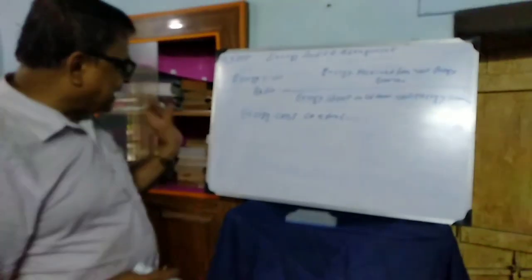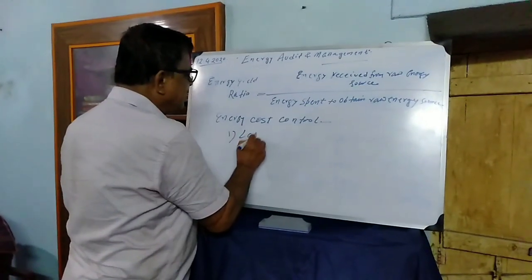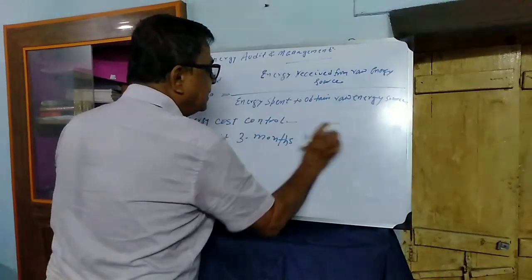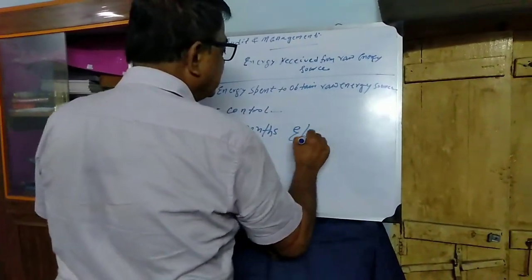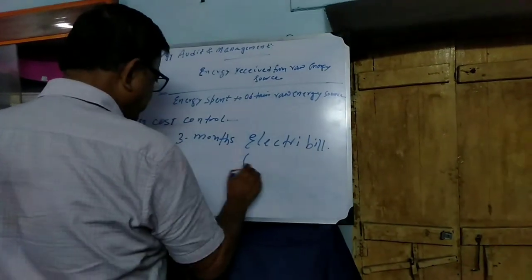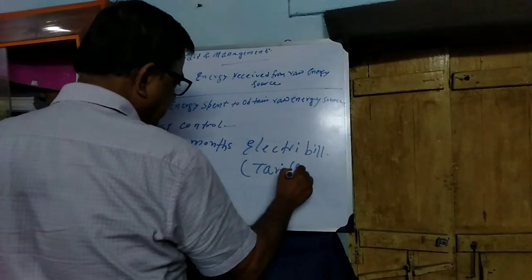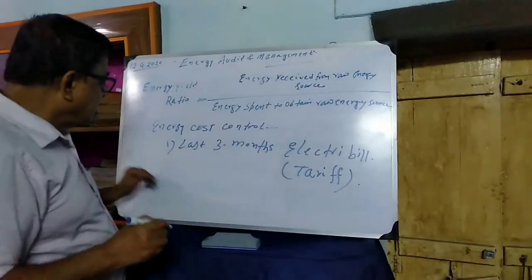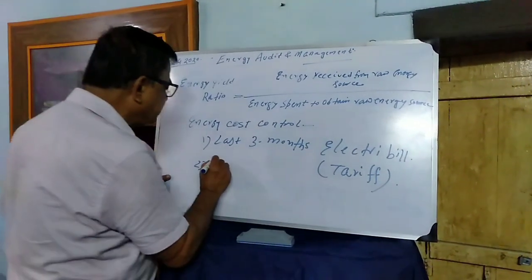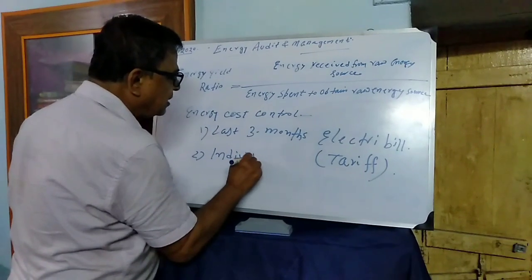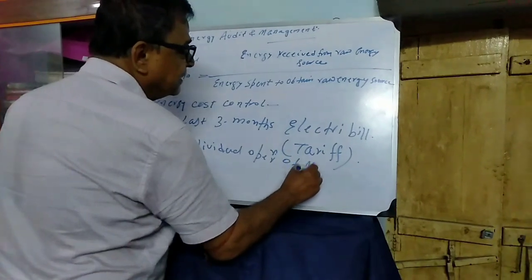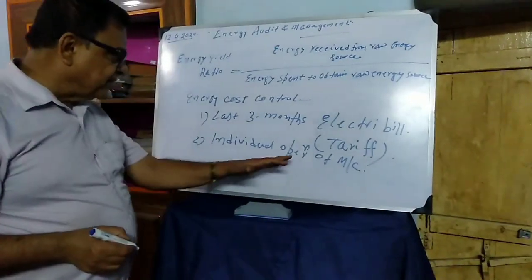First they will collect the last 3 months' electric bill, that is the tariff, then the individual operation of the machines, each and every machine.